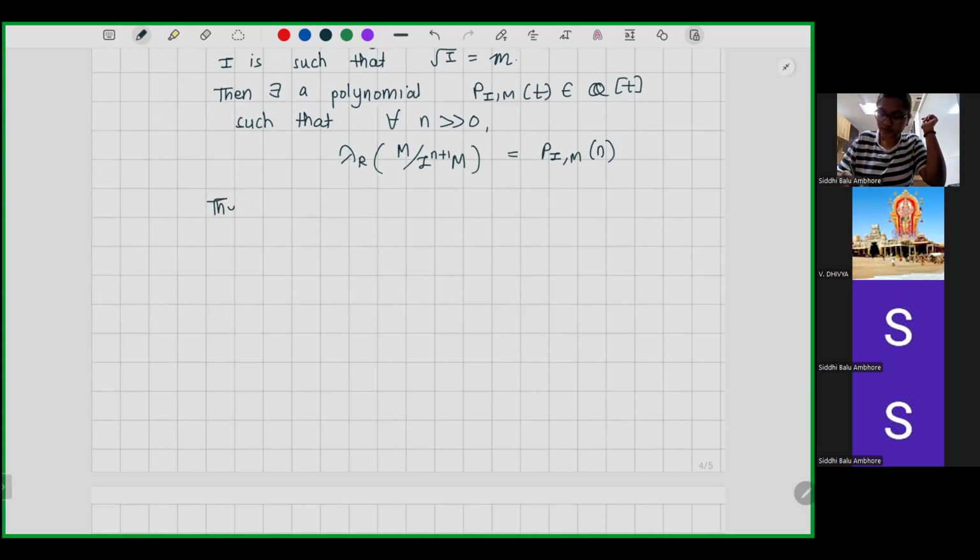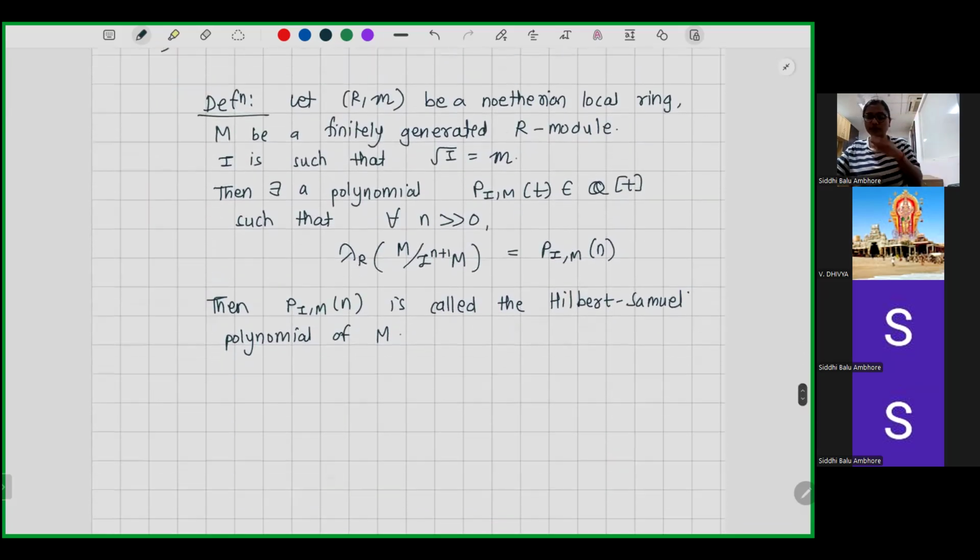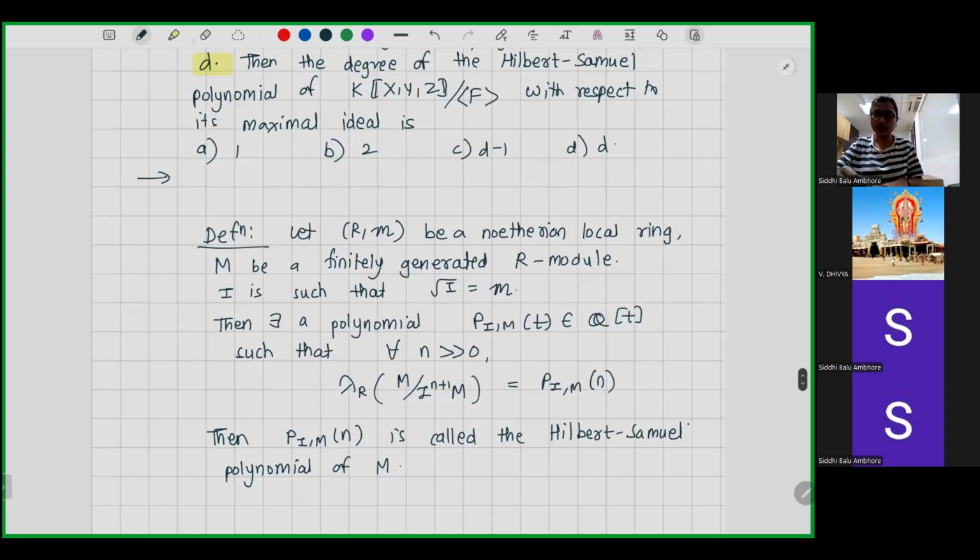Then this P_{I,M}(n) is called the Hilbert-Samuel polynomial of M. So this is the definition, and note that here it is a Noetherian local ring.